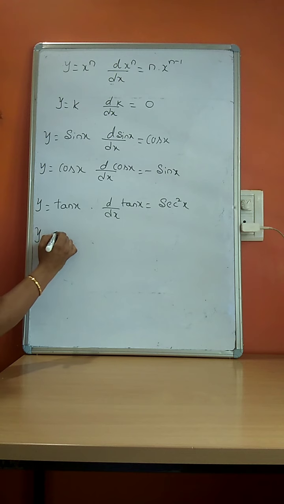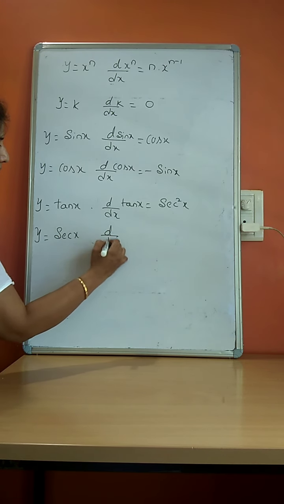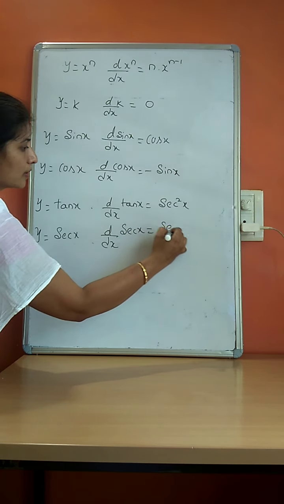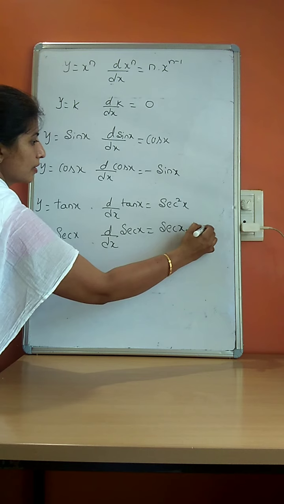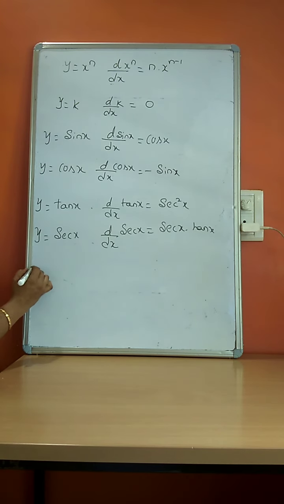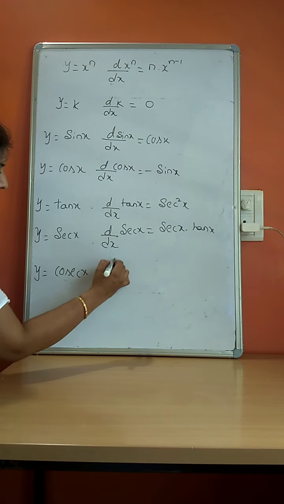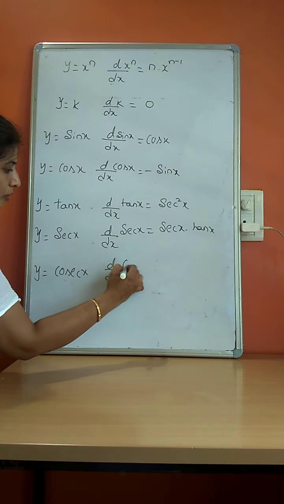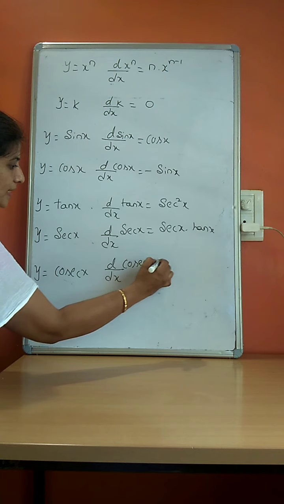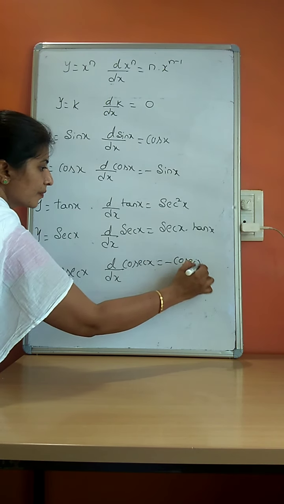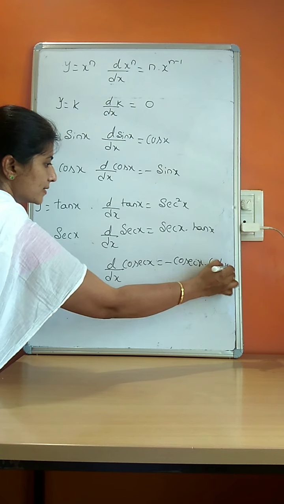y is equal to secant x, d by dx of secant x is secant x into tan x. If y is equal to cosecant x, d by dx of cosecant x is minus cosecant x into cot x.